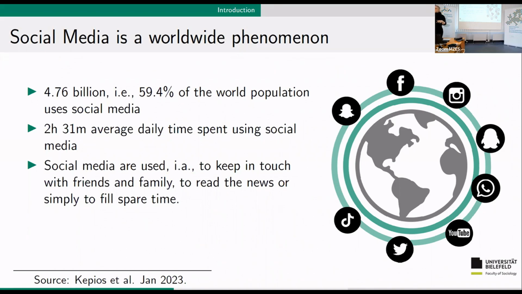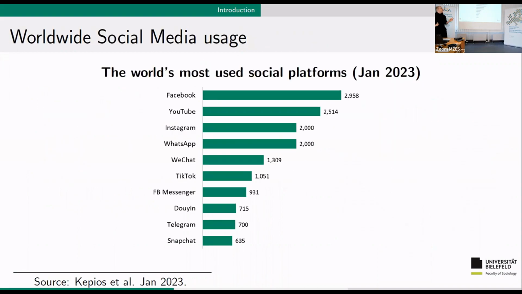So there's plenty of occasion and also people to reach on these platforms, and this makes it quite interesting for us as researchers to look more in detail into social media. I already said it. Today, the world's most used social media platform is still Facebook.